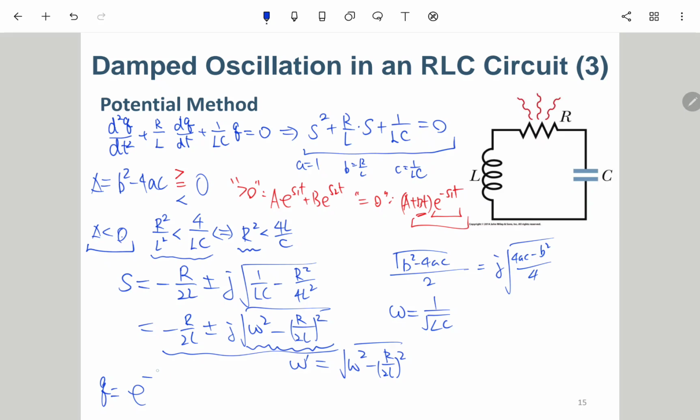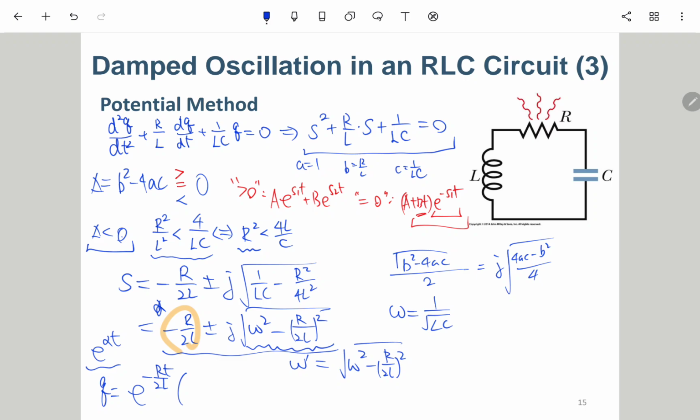The real part will be negative R over 2L times T, so this is the exponential to alpha T, this stuff is alpha. So we have an exponential to alpha T, okay, will be like this.